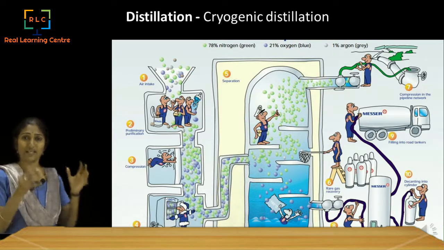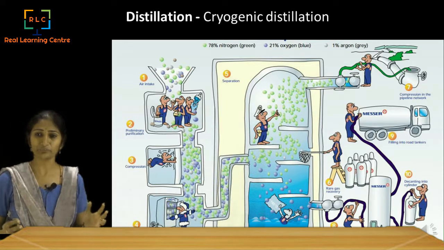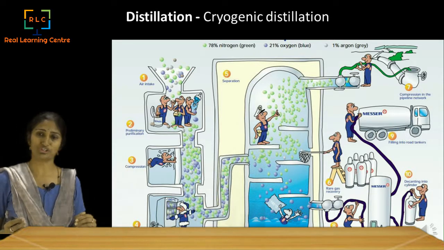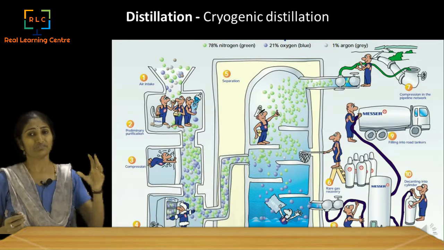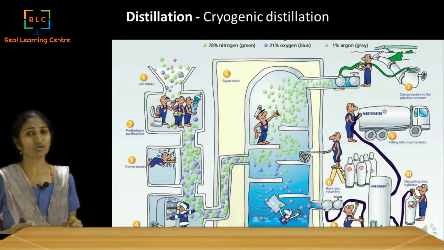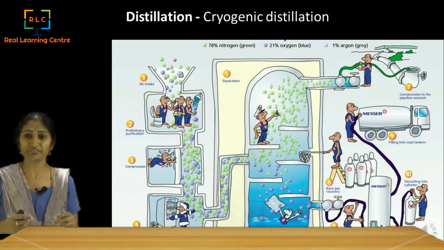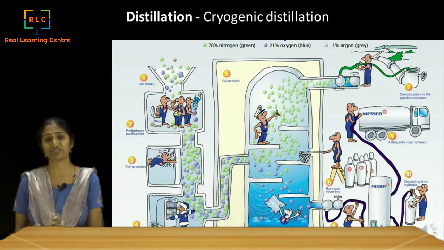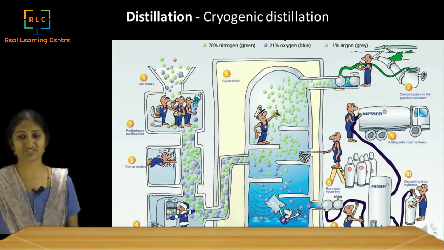Here, all the gases which have to be separated are taken in one small container, and it is given a very high pressure. When it is given a very high pressure, we see that there is a drop in temperature, because of which some gases would liquefy. The liquefied gases are separated and the non-liquefied gases are further processed to get various other gases.